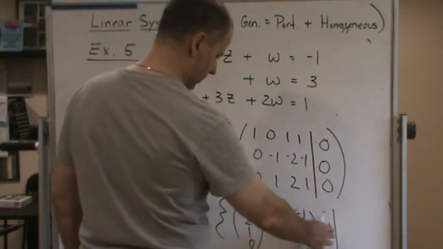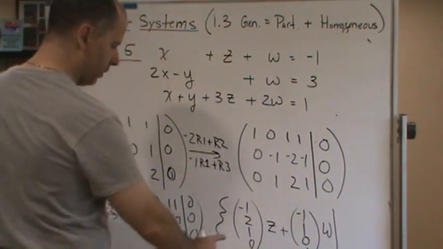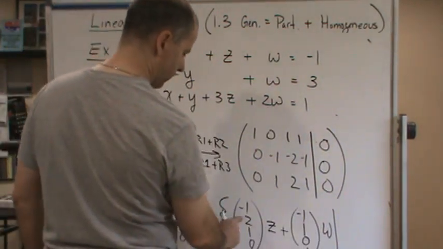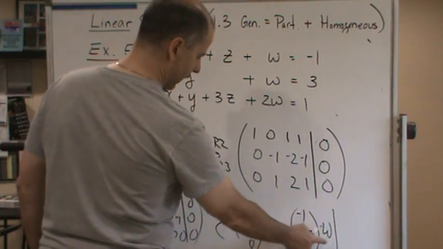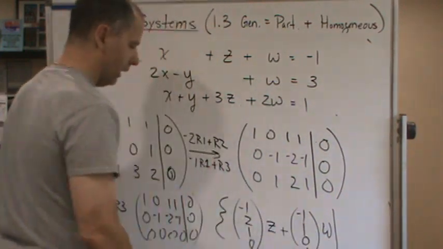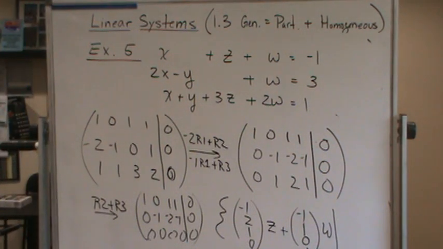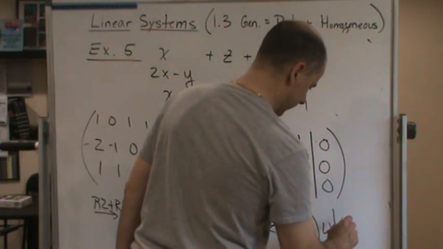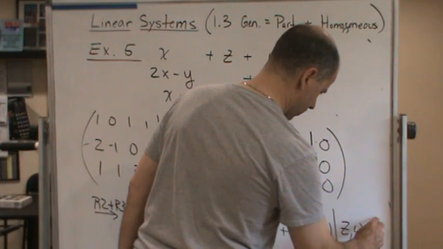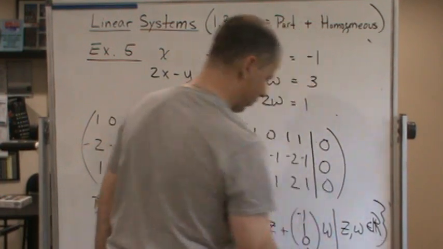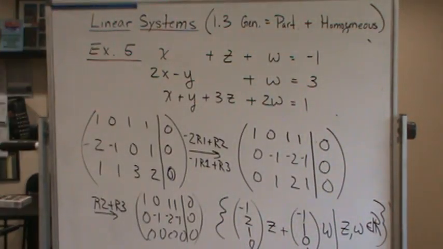Notice that we're writing it as a linear combination of our beta vectors and our free variables, such that Z and W are real numbers. Again, proving what we set out to prove.